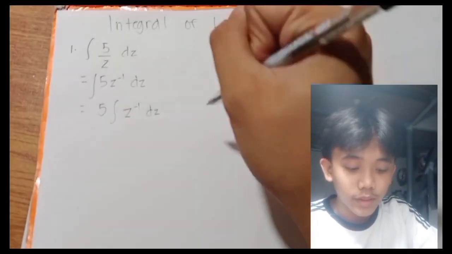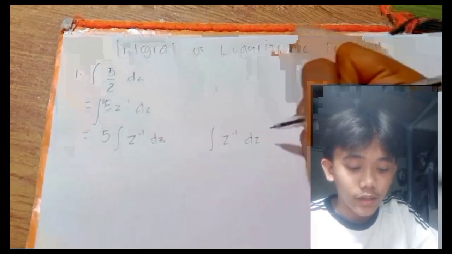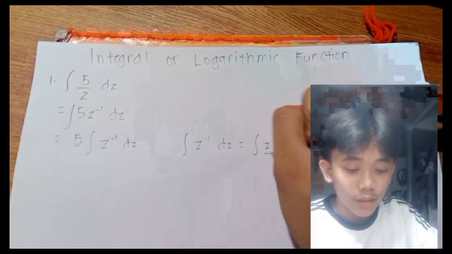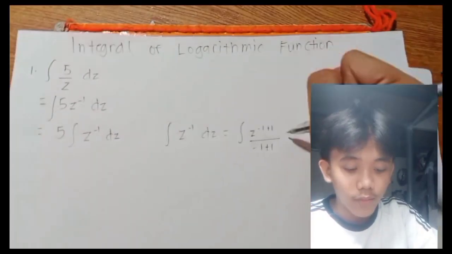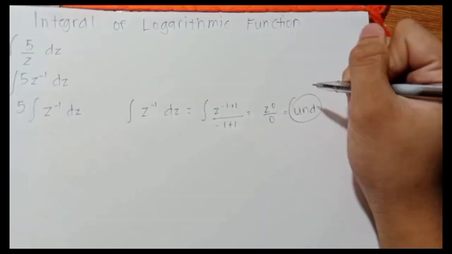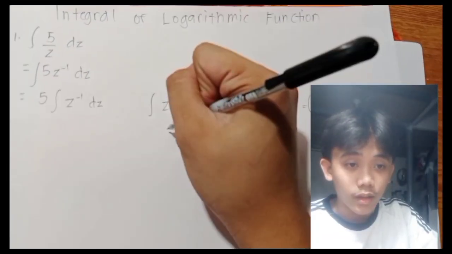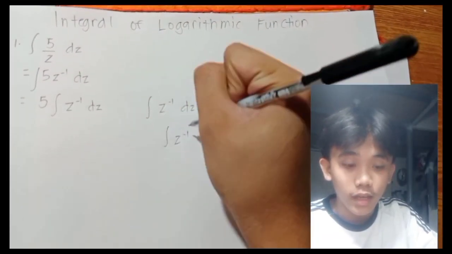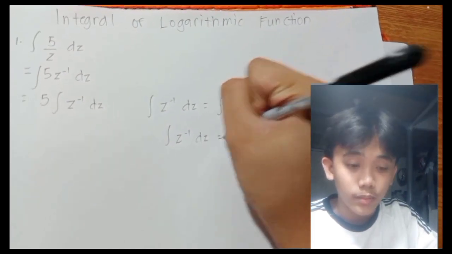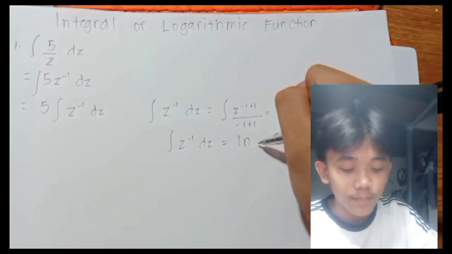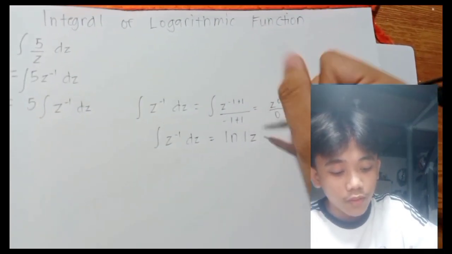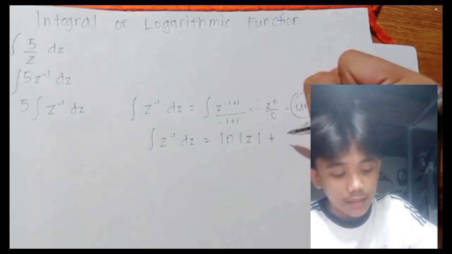So, the problem here is, pag in-apply natin yung rule ng integral na plus 1 ng exponent, magiging undefined yung pinaka-function. So, may special theorems na for this kind of equation, which is pag naka-negative 1 yung exponent, pwede siya i-express as ln absolute value of the variable z plus c.